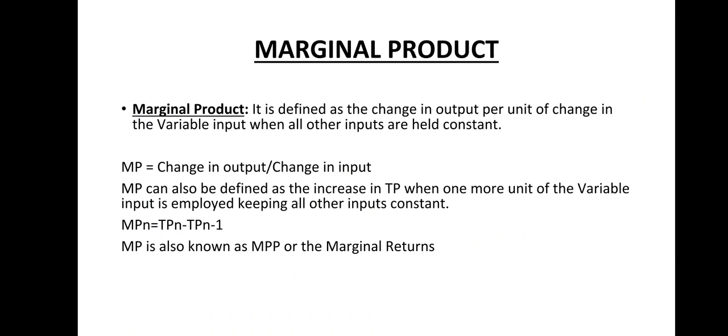So, MP is equal to delta TP upon delta variable factor, that is marginal product is equal to the change in total product upon the change in the variable factor. MP can also be calculated by TPn minus TPn minus 1. It is also known as MPP, that is marginal physical product or the marginal returns.